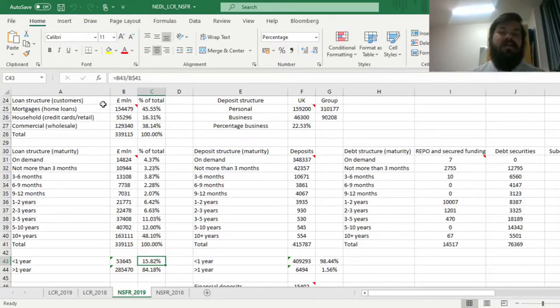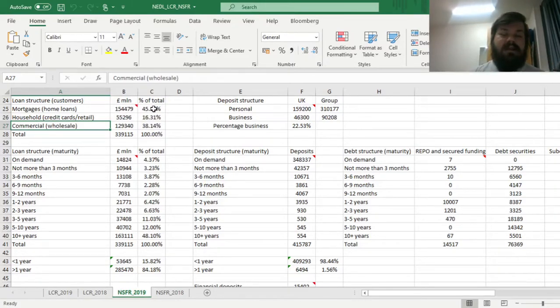And there you would most likely see three categories. Here we have got mortgages, which are classified there as home loans, household loans that are not mortgages, which are basically credit cards and other retail loans, consumer loans in general, and commercial wholesale loans. And those are the three categories we're interested in for our required stable funding calculations.